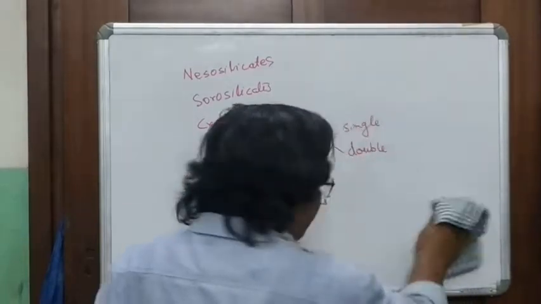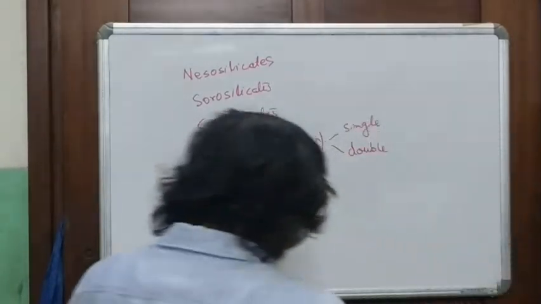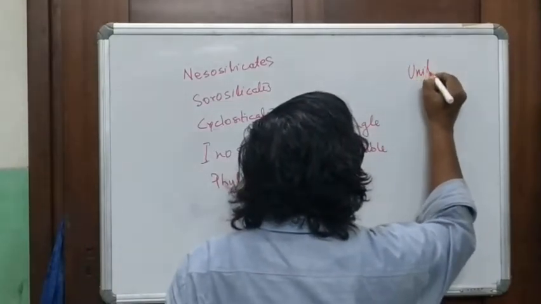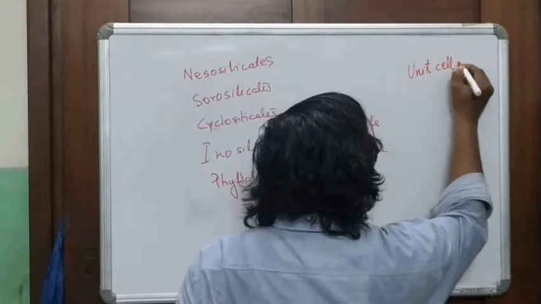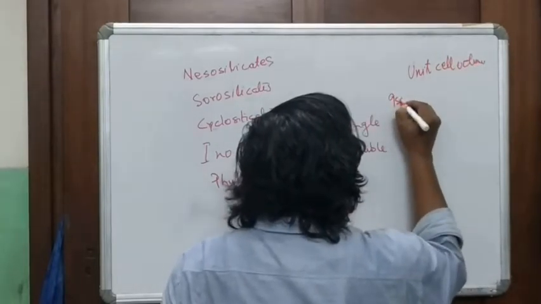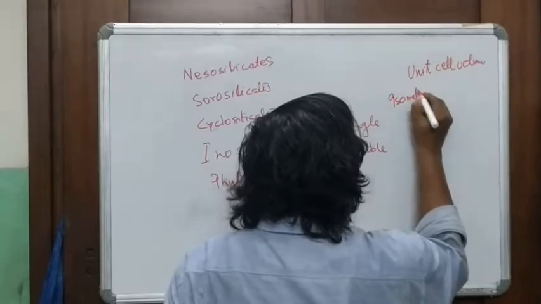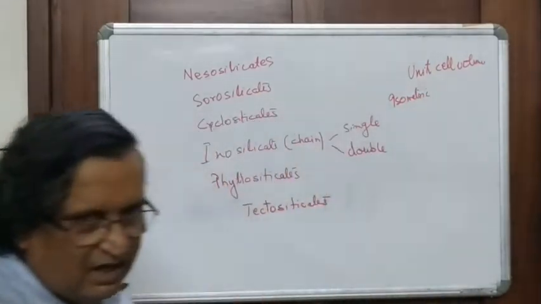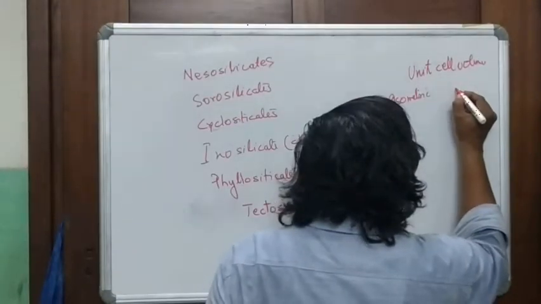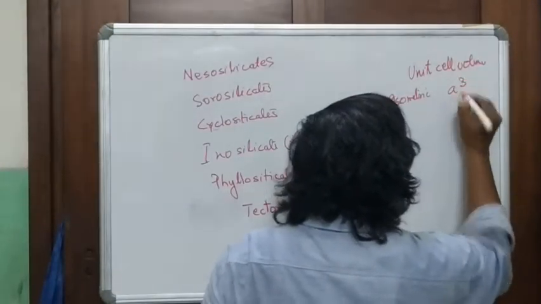So let me write the volumes here. For unit cell volume, the repeat unit cell volume for the isometric system, where all the three axes are the same and the angles are 90 degrees, is a cube, a cubed.